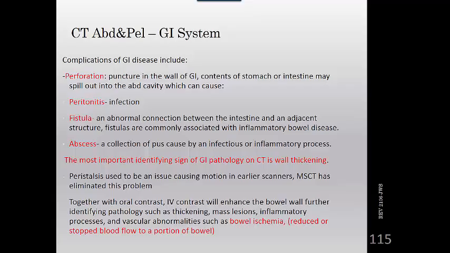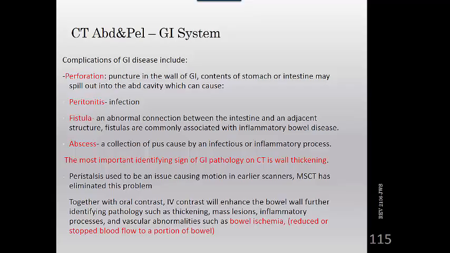The most important identifying sign of GI pathology on CT is wall thickening of the colon or the small intestine. Peristalsis used to be an issue, causing some motion in the earlier scanners, but with the multi-slice scanners we've pretty much overcome that problem. It's a lot faster now.